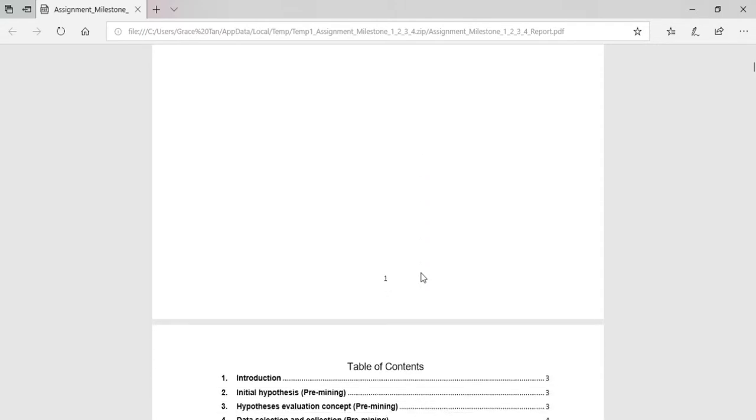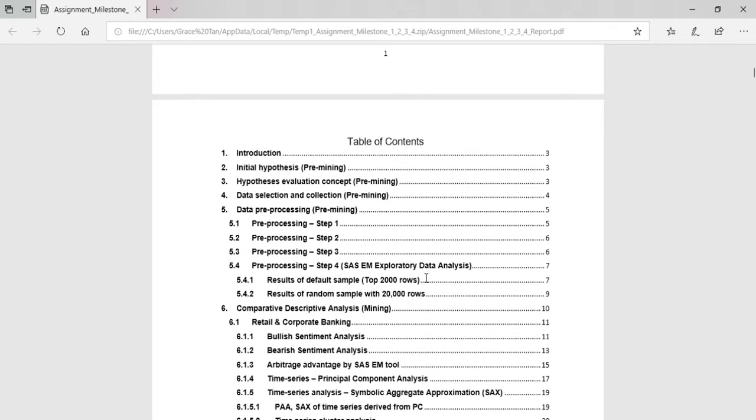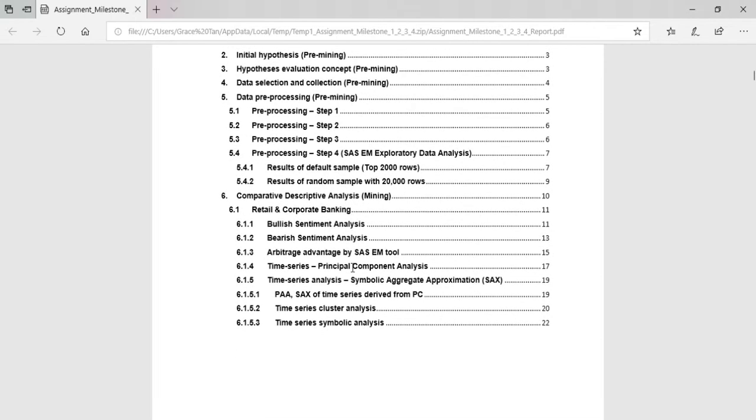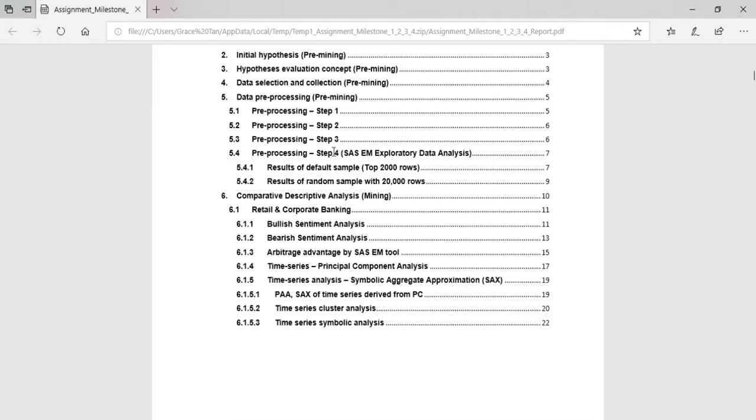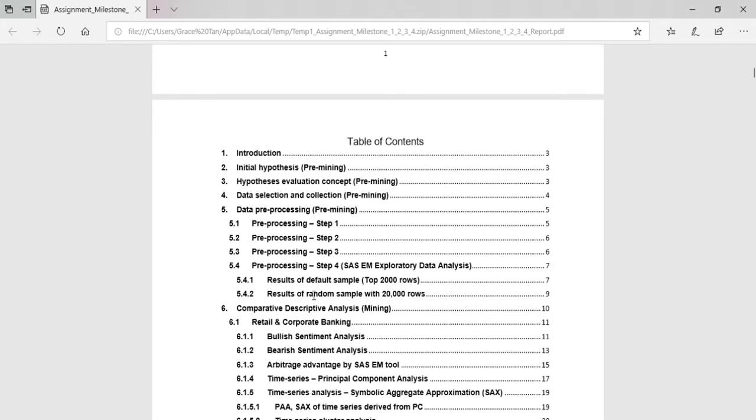explaining the report right in front of you, which is a case study of data mining applied to real life stock market analysis. As you can see, the contents of the report would be covering the following. So in the future video lectures, you can expect information regarding these topics that you can see in front of you.